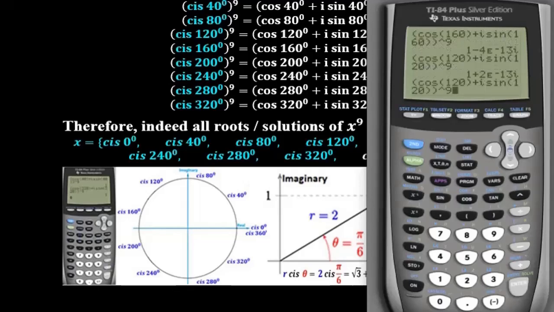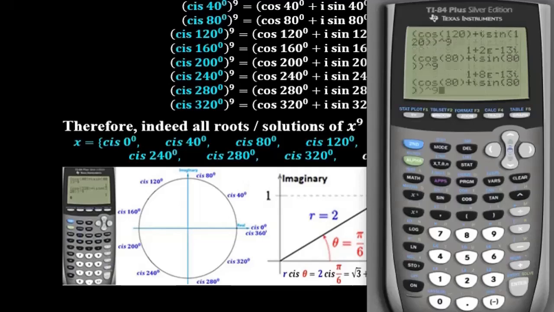Change this to 80 degrees, which is again 1.